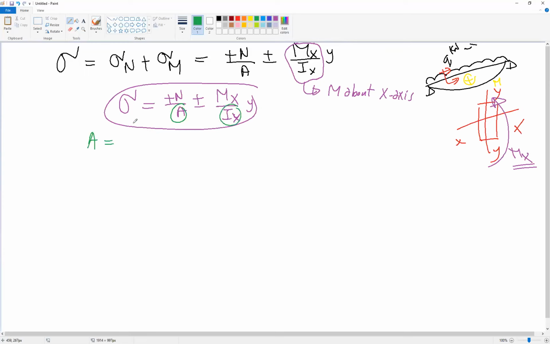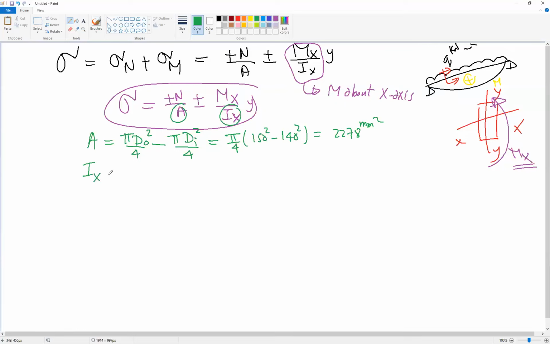Before we substitute, we need these two parameters. A will be pi times the outer diameter square divided by 4 minus pi times the inner diameter square divided by 4, which means pi over 4 times 150 square minus 140 square. This gives us an area of 2278 millimeter square.